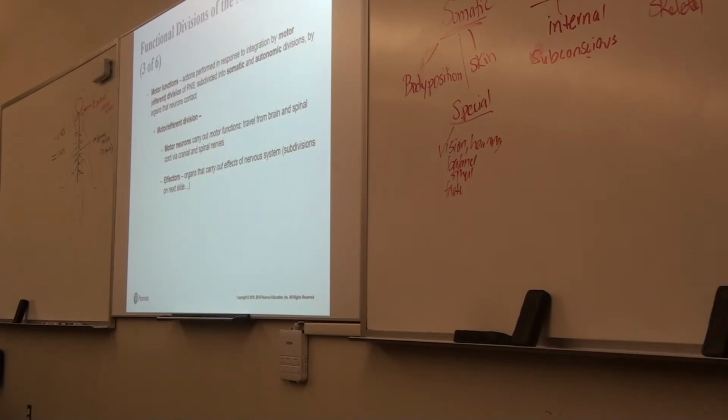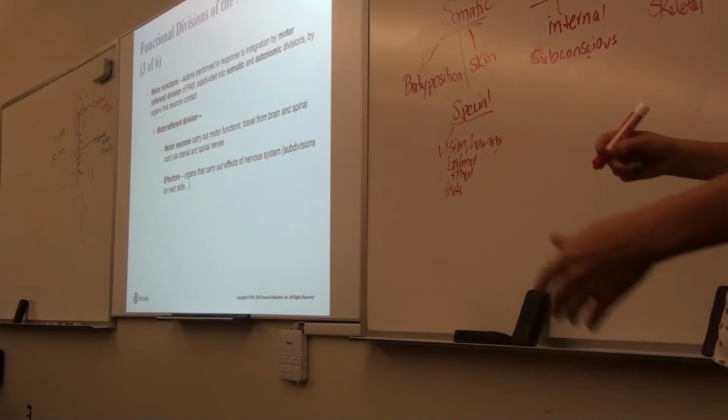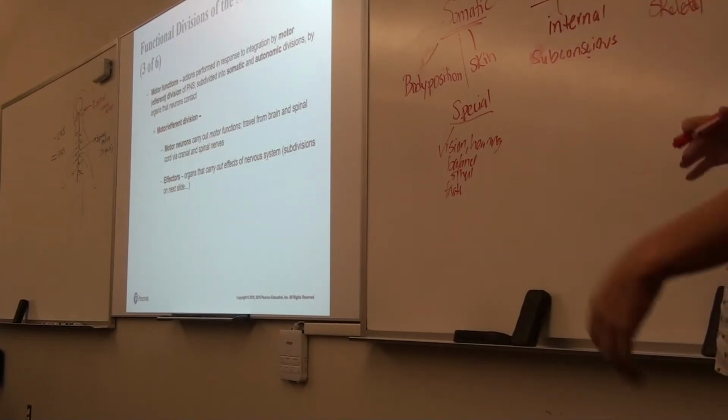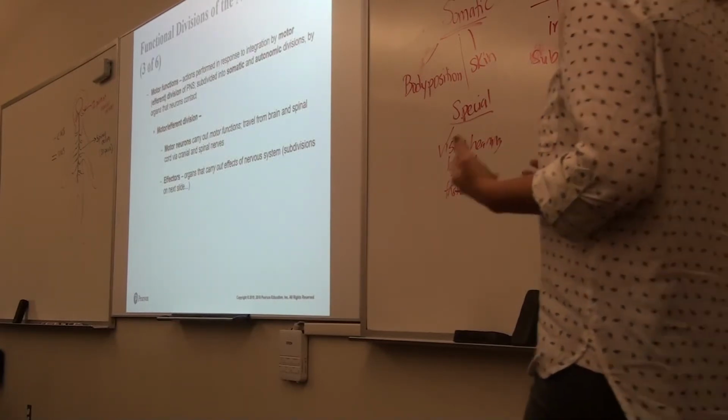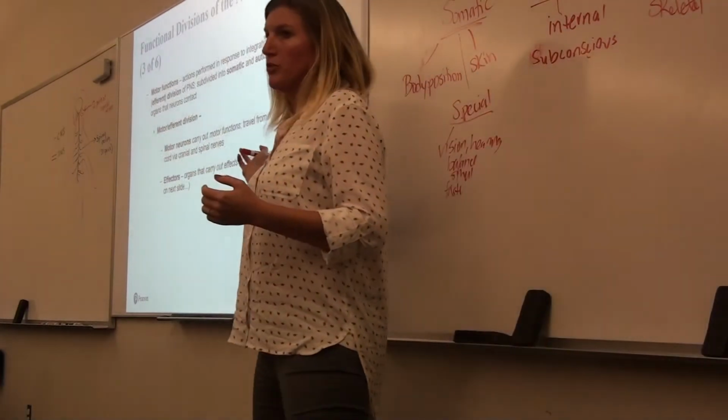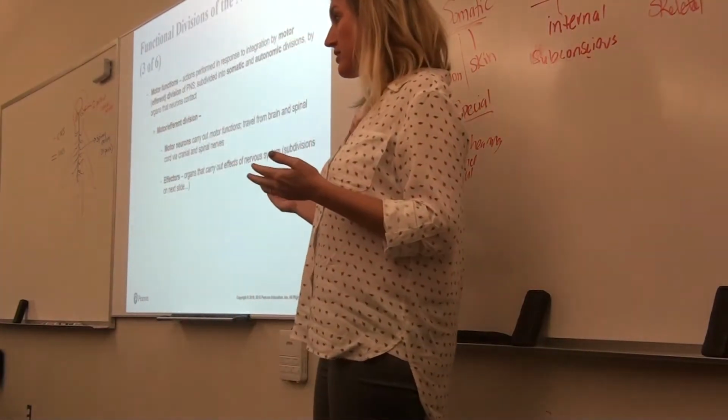So the motor neurons carry the motor commands to the skeletal muscle or to the smooth muscle or to the cardiac muscle, telling them to contract or relax. The muscle itself is called an effector. We've used the word effector before when we talked about homeostasis, right?